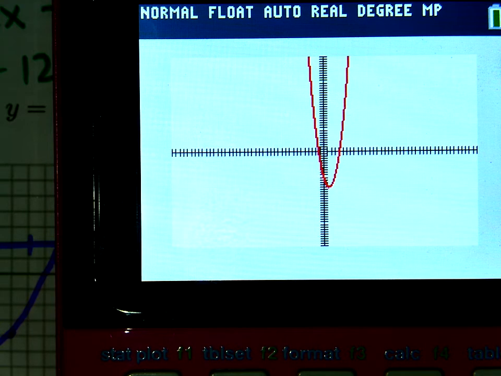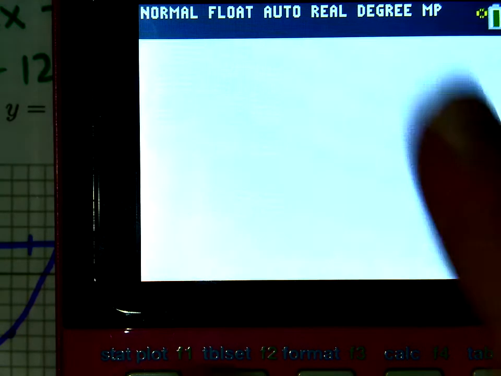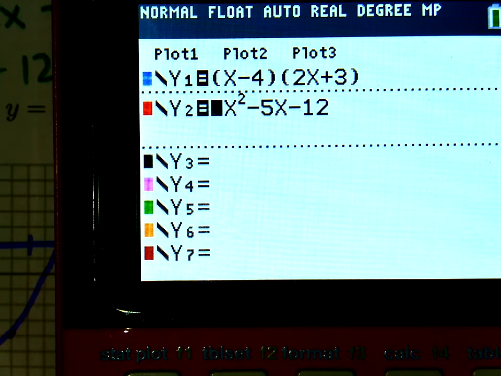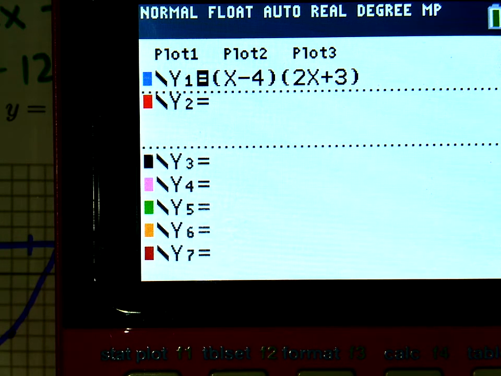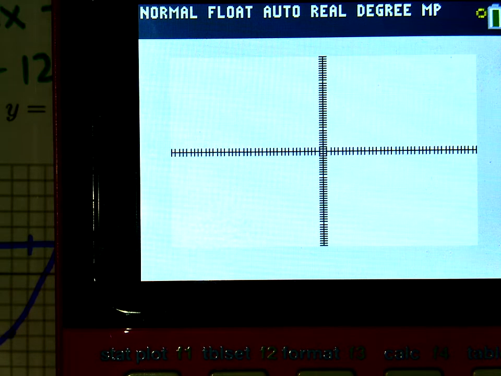And that's pretty significant. For instance, in the first one, it was asking, is this equal to 2x squared plus x minus 12? And I go to that graph.